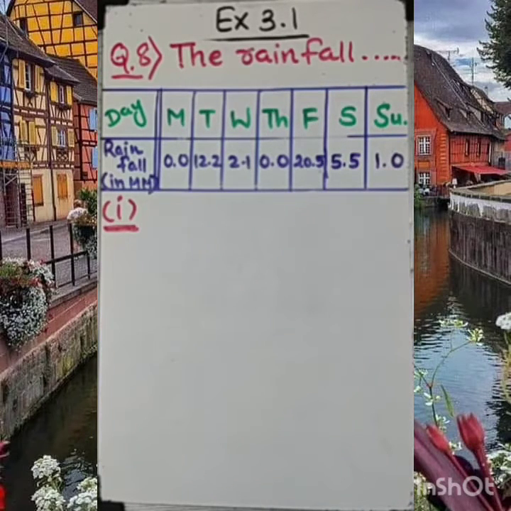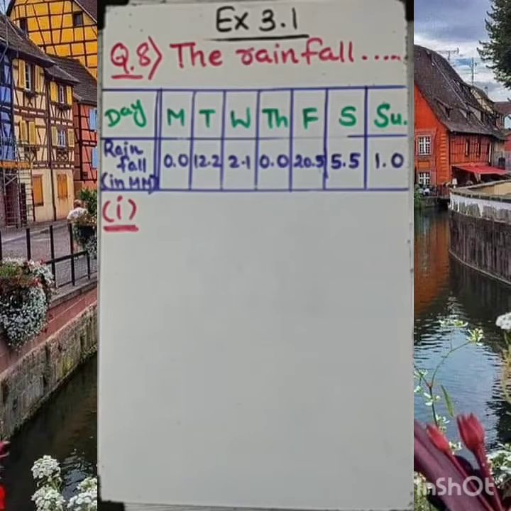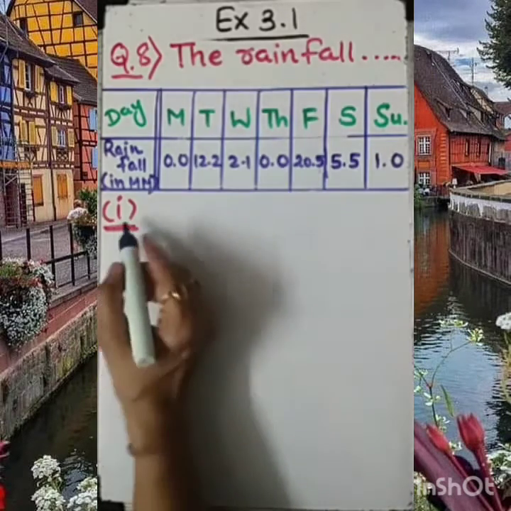This is the rainfall of the whole week. Now we are given 3 questions. First of them is, find the range of the rainfall in the above data. Let's see the solution of the first.